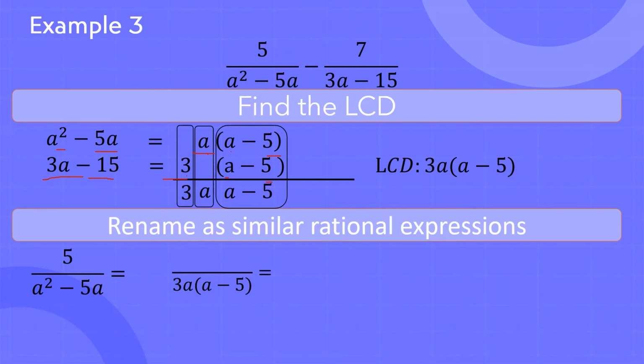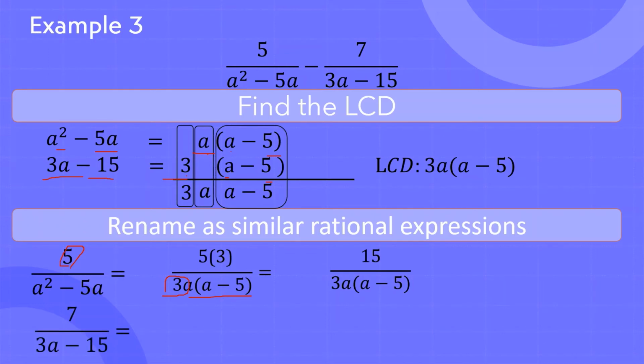Okay, so divide natin ang LCD by the denominator. Since a squared minus 5a ay parehas sa a times a minus 5, so, ang matitira doon when we divide is 3. So, 3 will be multiplied to 5. So, we have now 5 times 3, which is equal to 15, then over 3a times a minus 5.